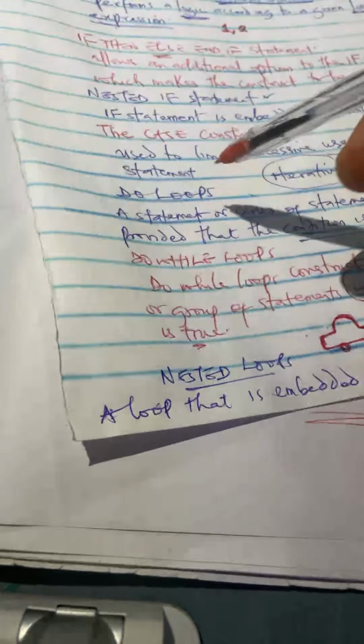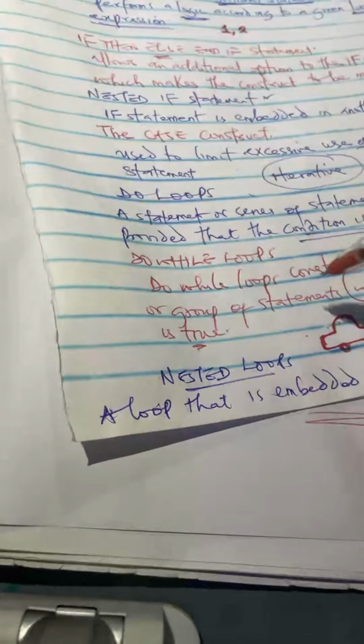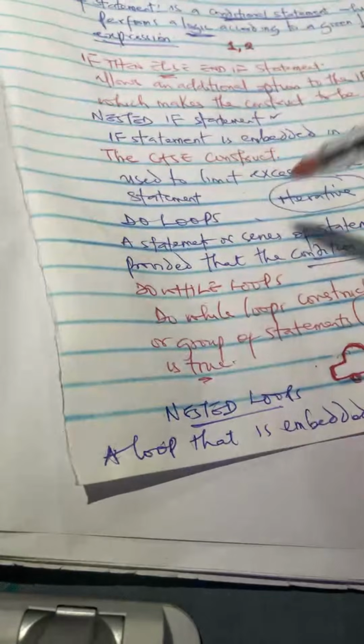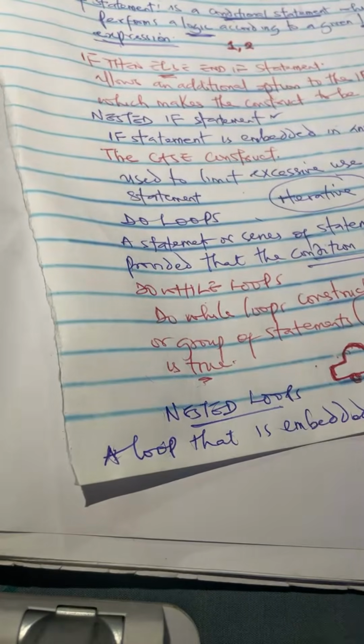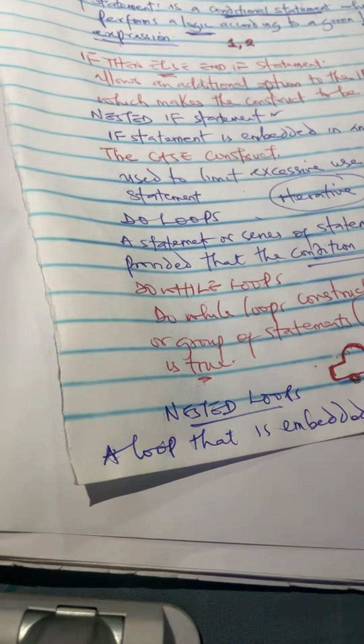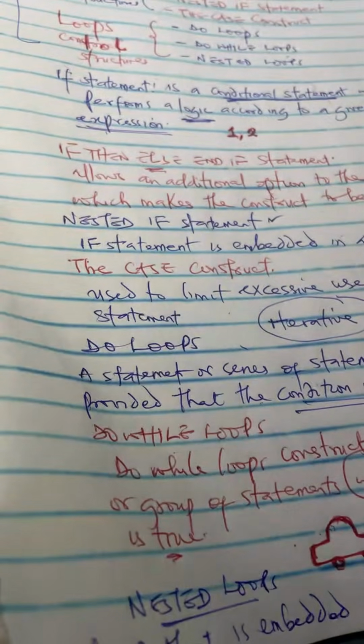Even if it's a do-while loop, if a do-while loop is inside another while loop, it's a nested loop. If a do loop is inside another do loop, it's also a nested loop. So when a loop is in another loop, it's called a nested loop. All right. So basically that's all.